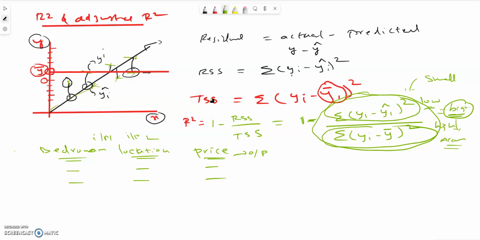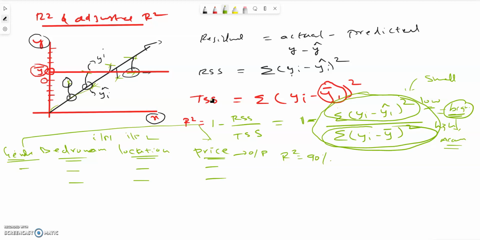Now while doing the performance matrix for this data, suppose we have got r square equal to 90%, right? Now if you add another feature called gender, gender will be nowhere correlated with price, because there is no correlation between gender and price.